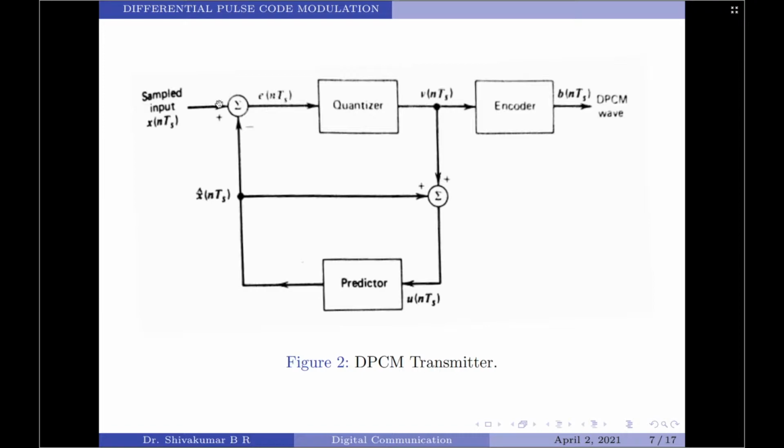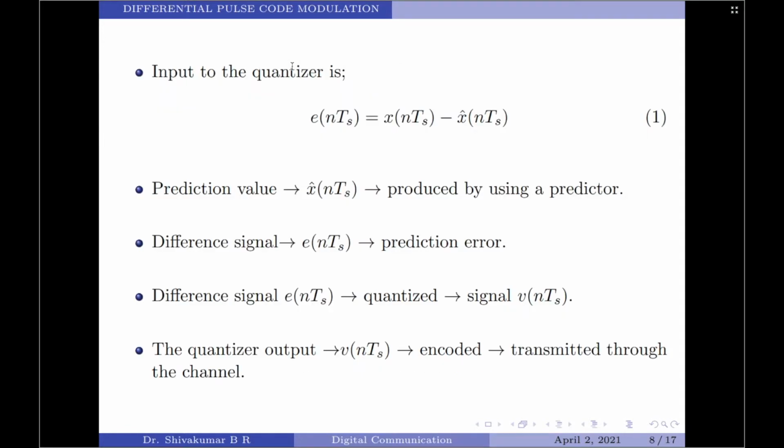I can now relate these 3 variables by writing the equation as e(nTs) = x(nTs) - x cap(nTs), where x(nTs), as we already have said, is the unquantized input sample and x cap(nTs) is the prediction of x(nTs). Now, this prediction value, that is x cap(nTs), is produced by using a predictor whose input consists of a quantized version of the input signal x(nTs).